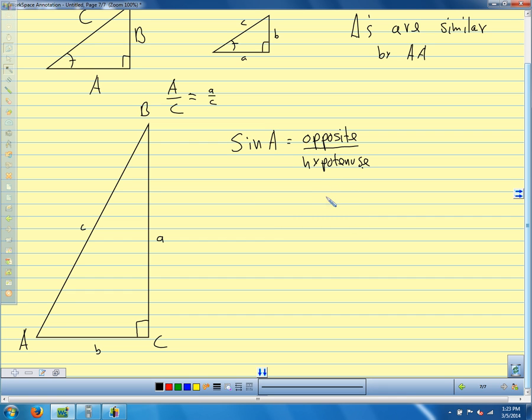By opposite, I mean the side that's all the way across the triangle. And the hypotenuse is always the hypotenuse. We never call the hypotenuse anything other than the hypotenuse.